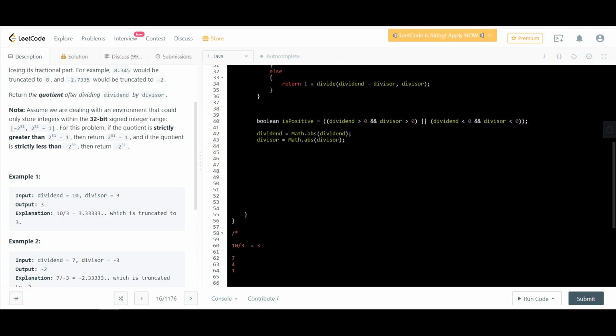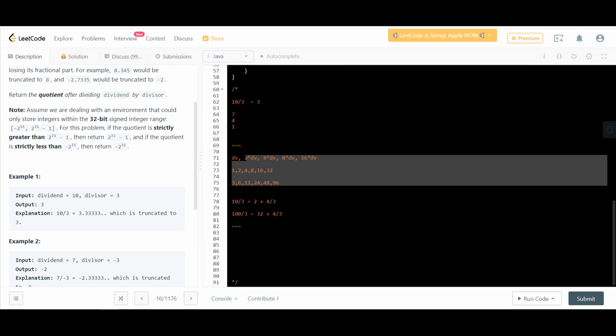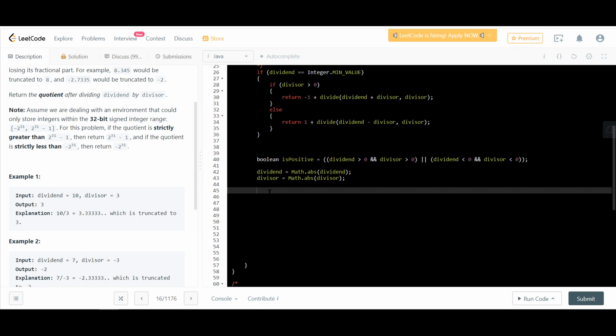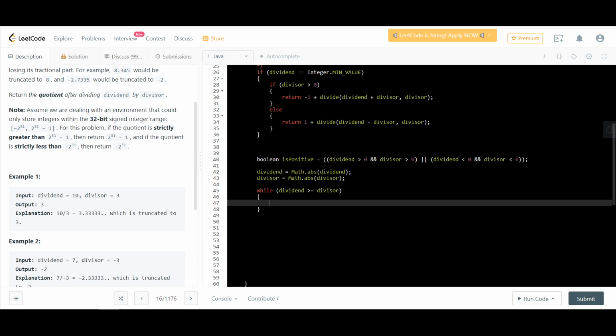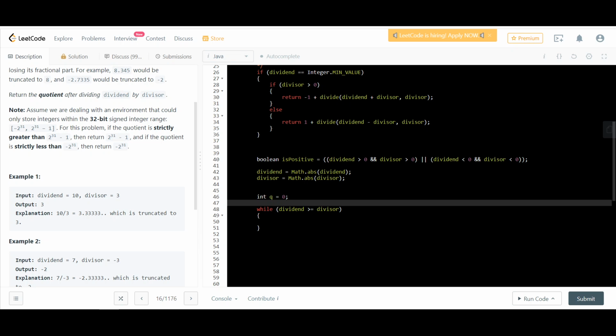So now we come back here, we have our dividend and we have our divisor. Now we have to apply this trick, right? So firstly, very basic is we run the loop only till dividend is greater than or equal to divisor, and let's say the quotient that we're looking for starts with 0.